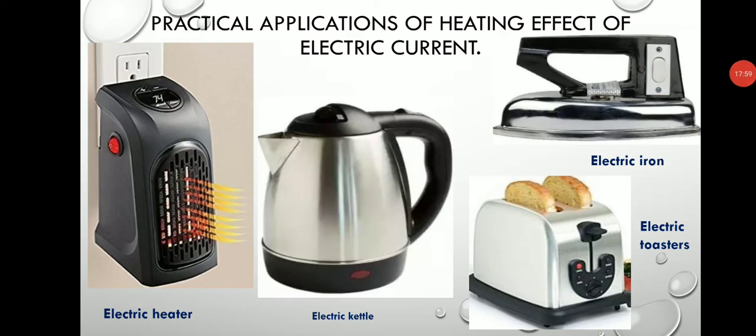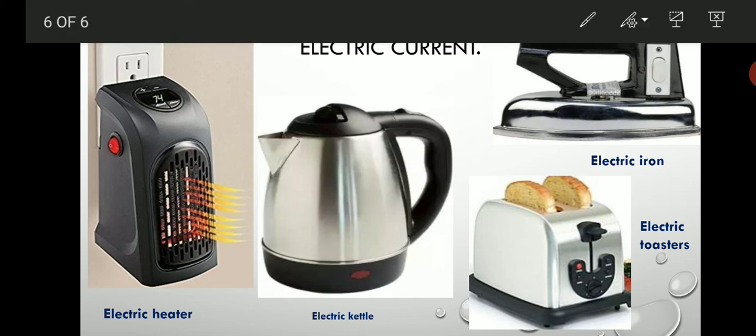Now let's see the practical applications of the heating effect of electric current. Heating effect of electric current has many useful applications, like the electric laundry iron. This device works by using the principle of heating effect. Then the electric toaster, electric kettle and electric heater all work using Joule's heating.